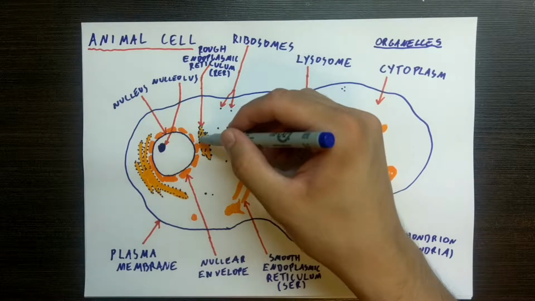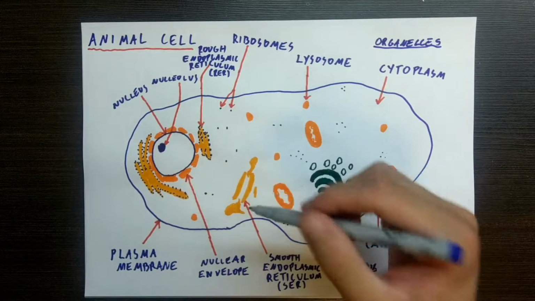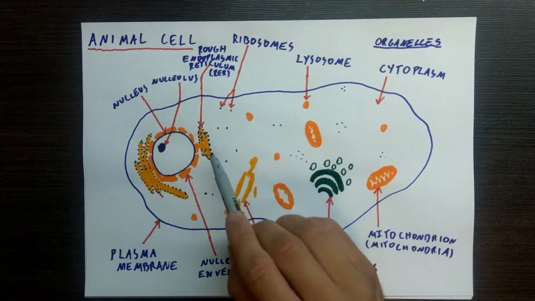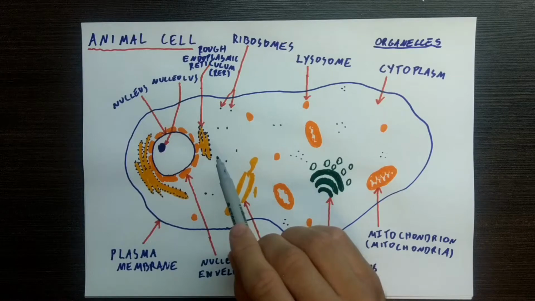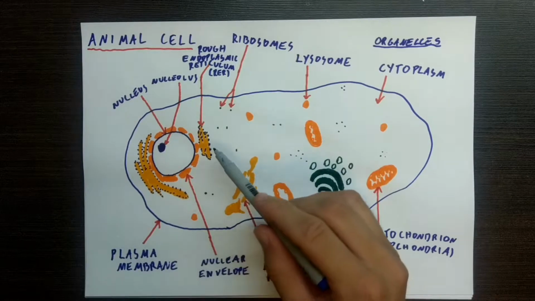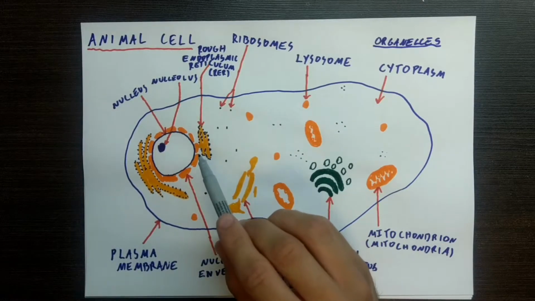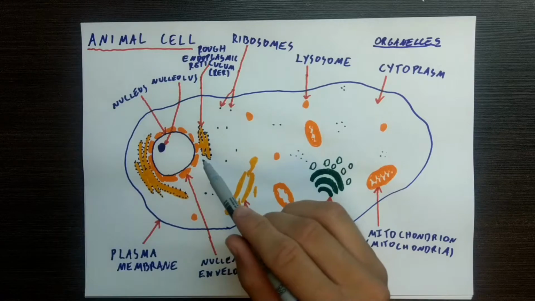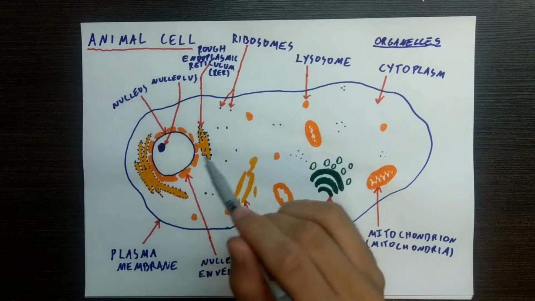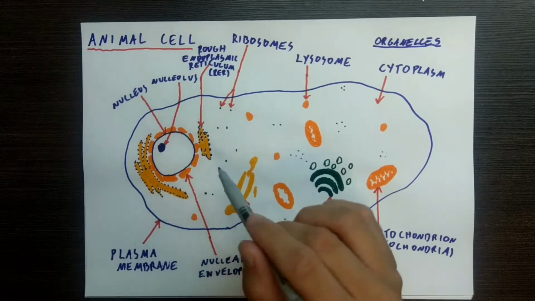So the rough endoplasmic reticulum is called that because it has ribosomes, so if you look at it through a microscope, it kind of looks rough. And what happens here is that ribosomes make protein, which they then kind of inject inside the rough endoplasmic reticulum. And then the RER folds that protein and processes it before it can be finally used. It gives it that shape.